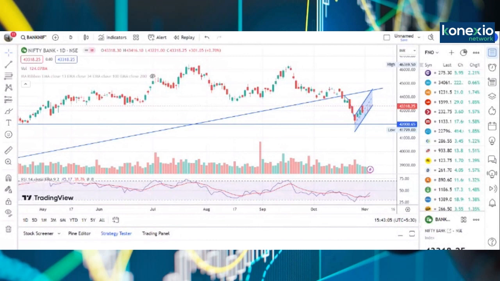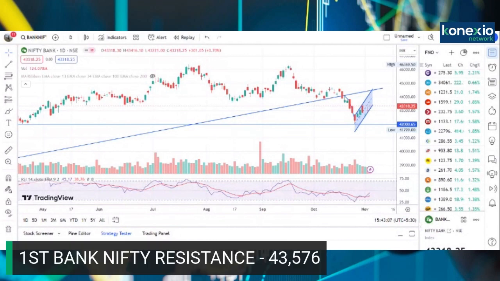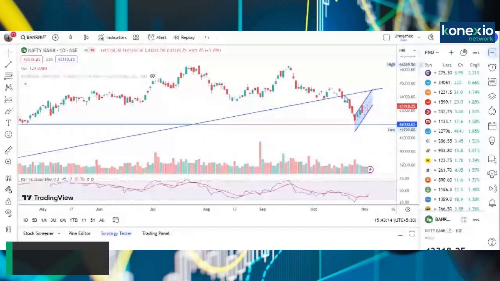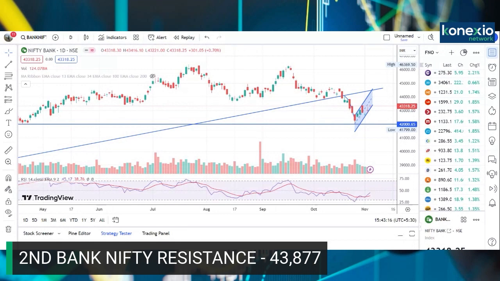Whereas on the upside, the first resistance is placed at 43,576. Above that, the second resistance is placed at 43,877, and the third resistance is placed at 44,224. These are the important supports and resistance levels in Bank Nifty for the next week.